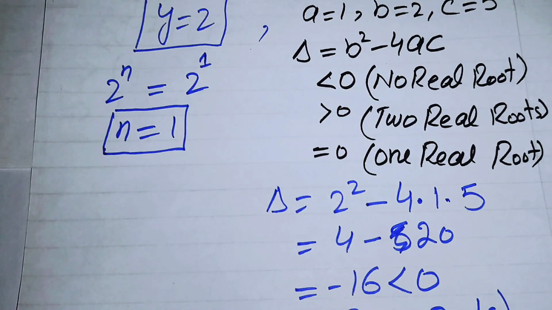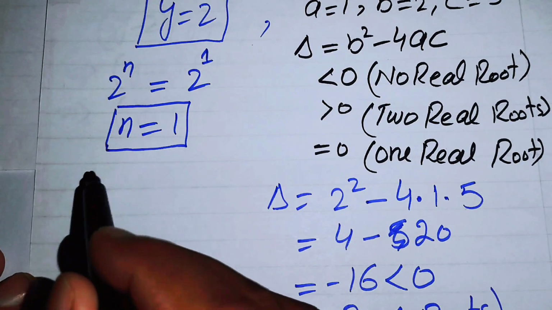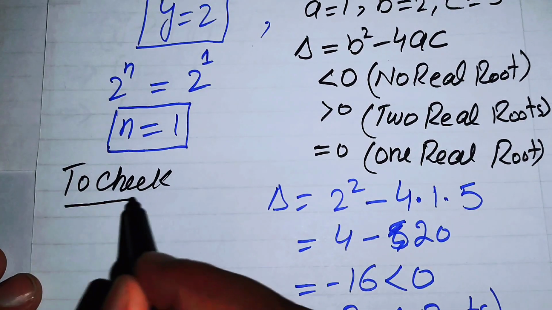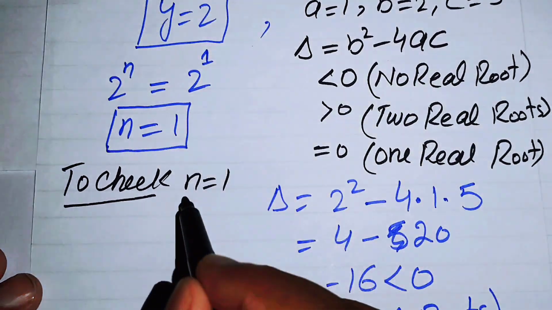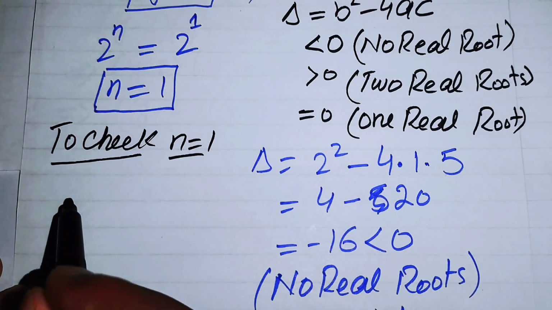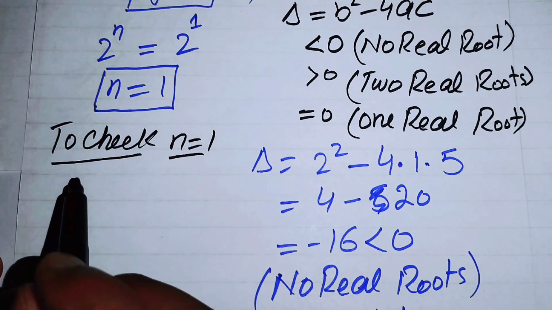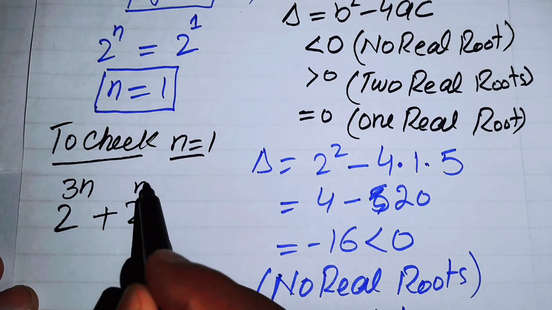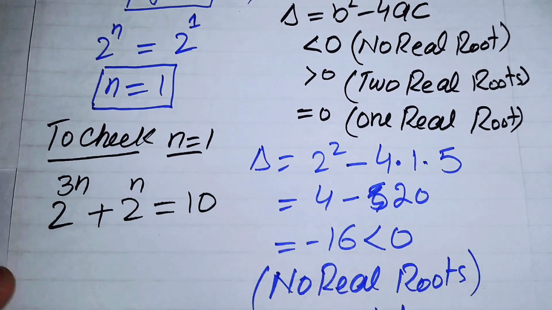Now we check whether n is equal to 1 satisfies the given equation or not. The given equation is 2 to the power of 3n plus 2 to the power of n is equal to 10.